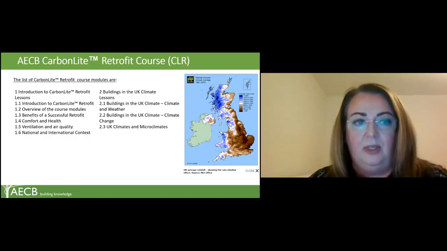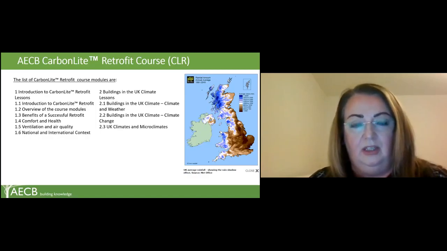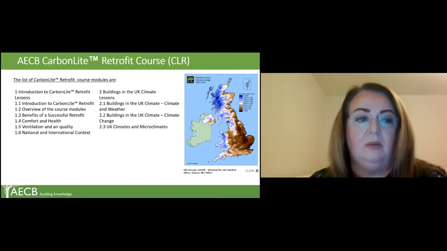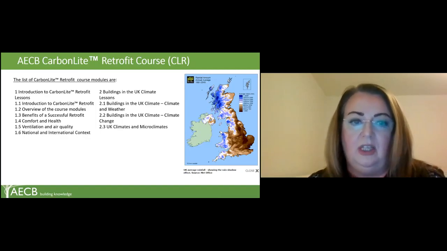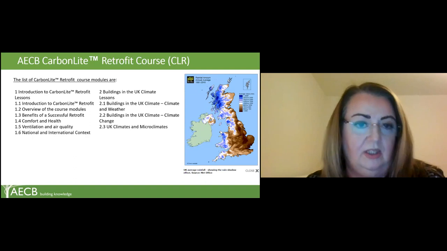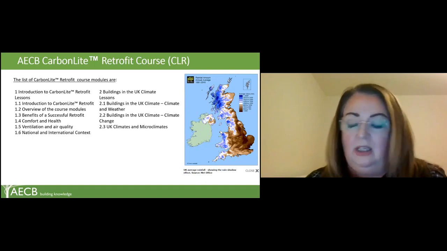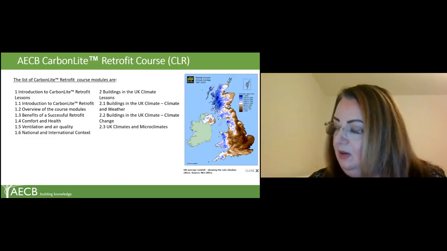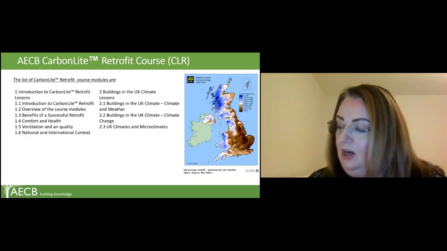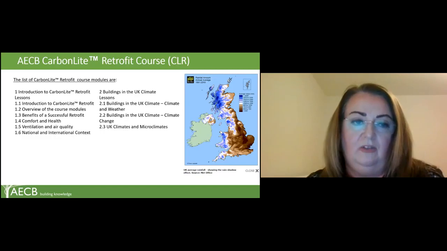So obviously, first of all, we set out what the CarbonLite retrofit means, what it means to us. And it's not just about us reducing energy in buildings, although that's very important, and our carbon emissions. It goes over quite a lot of ideas about the other benefits of doing retrofit well.